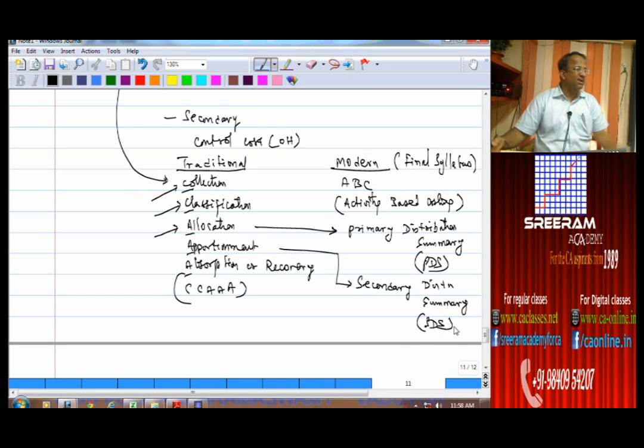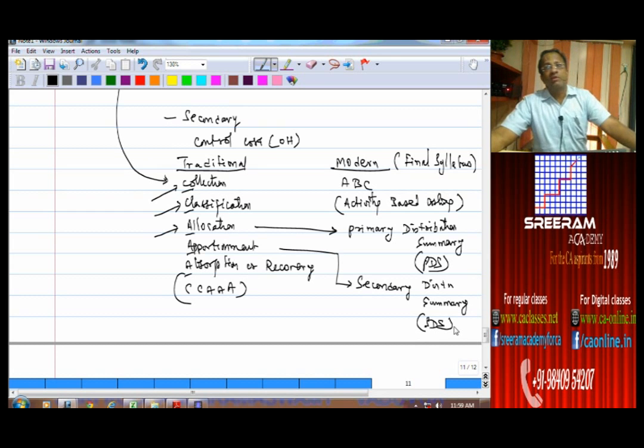This is not as popular as PDS. In the secondary distribution summary, the service department overheads are redistributed to production departments under various methods. We do have different methods of distribution.